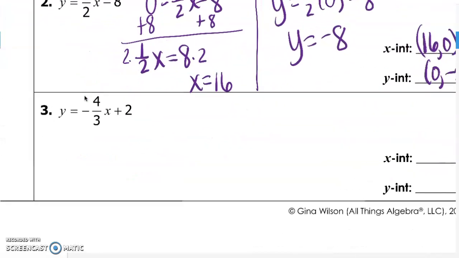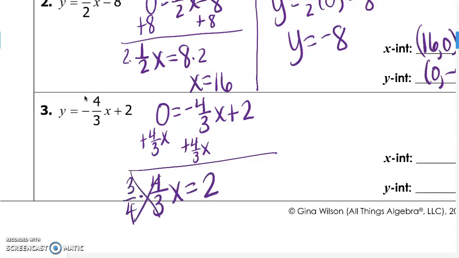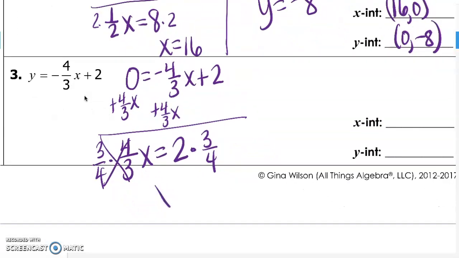And finally, number 3, 0 equals -4/3 x plus 2. So this time I'm going to add 4/3 x, so I don't have the fraction or the negative. 4/3 x equals 2. Again, you multiply by the reciprocal, so times 3/4. So this one, when you multiply, you're going to get an improper fraction.